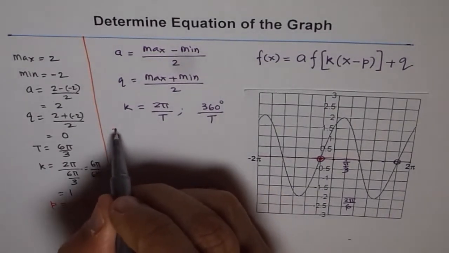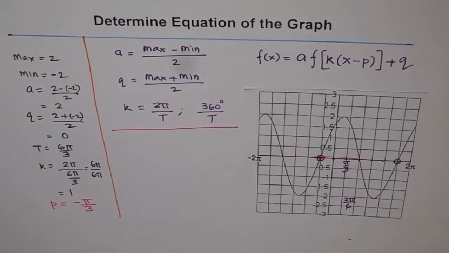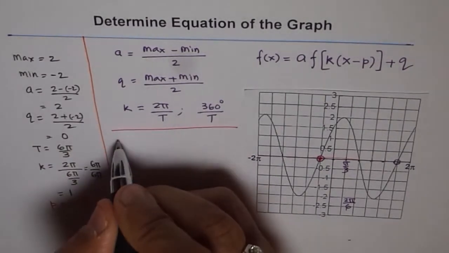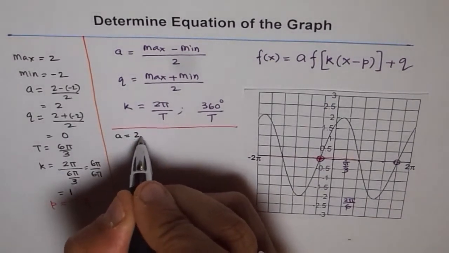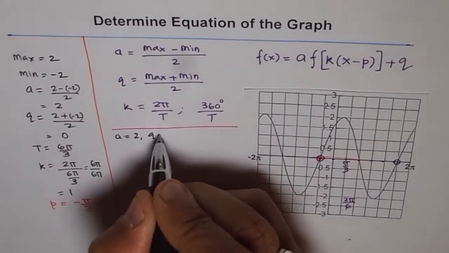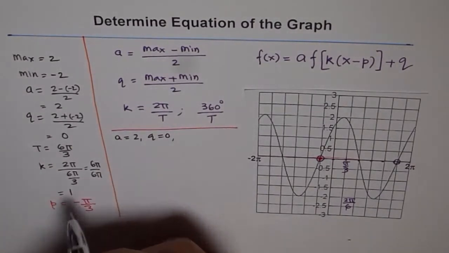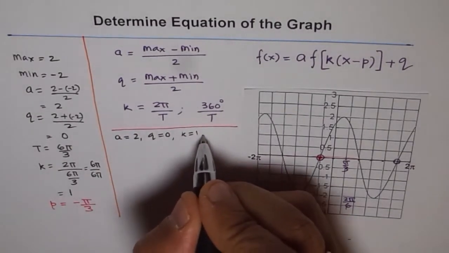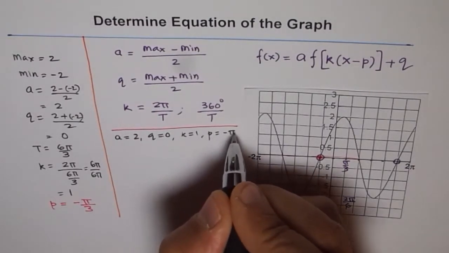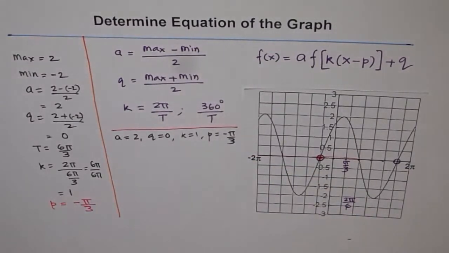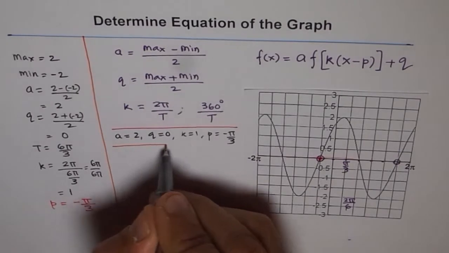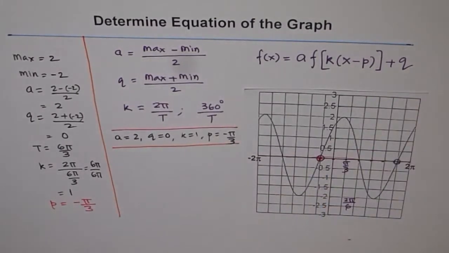And for this function, sine function is a better function to draw, correct? So what we will do now is write down all the things which we have already got. So we have a equals 2, q equals 0, the time period is okay, but k we want, k is 1, and p is minus pi by 3. Correct? So these are our parameters which define the function.